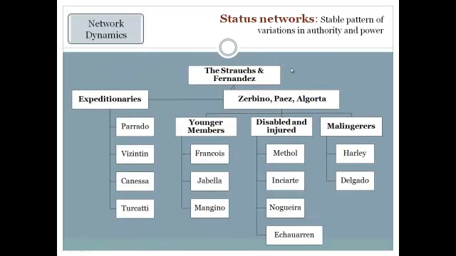Okay, if we take a look at the networks and talk about the dynamics, we can talk about some of the roles that may be played there, some of the aspects of them, what is going on. And again, in this network, you can see the Strauches and Fernandez seem to be leaders here. The expeditionaries are these 4 over here.